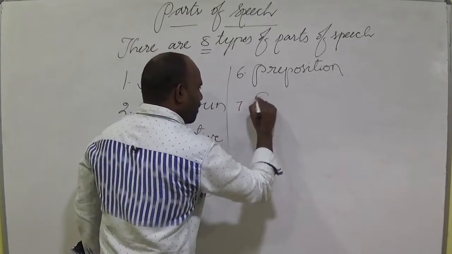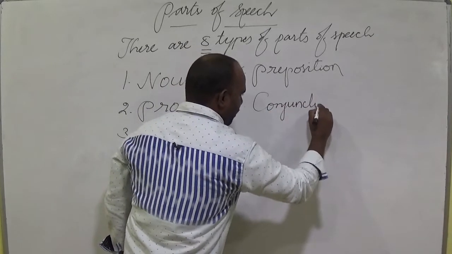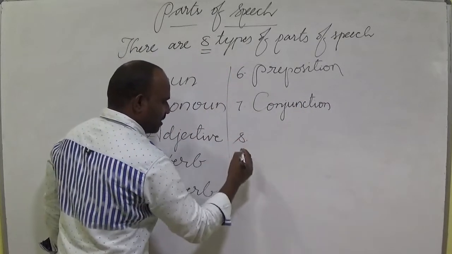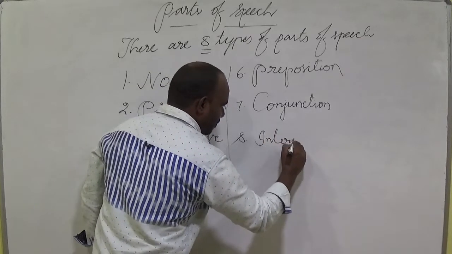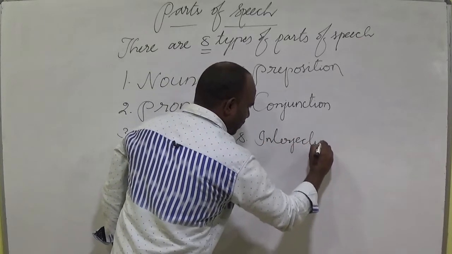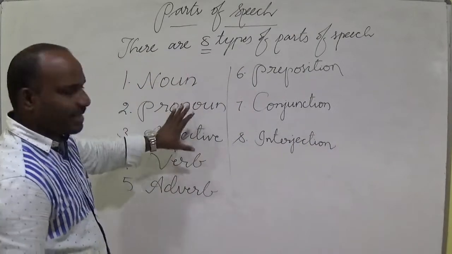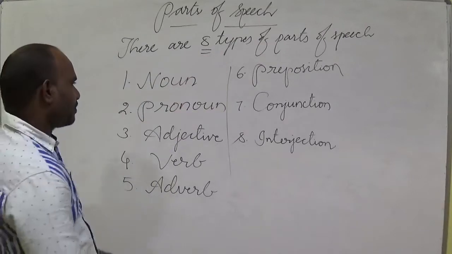Seventh one, conjunction. And the last one, eighth one, interjection. These 8 are the parts of speech in English.